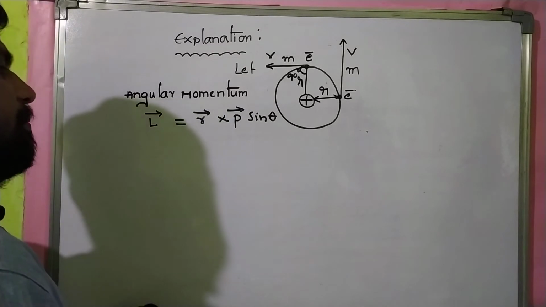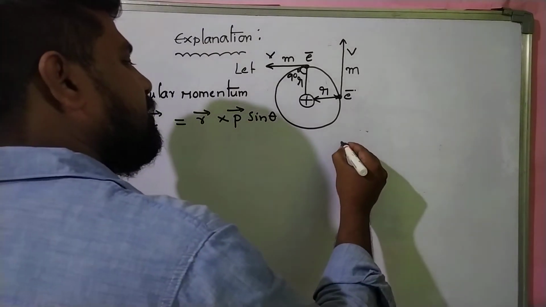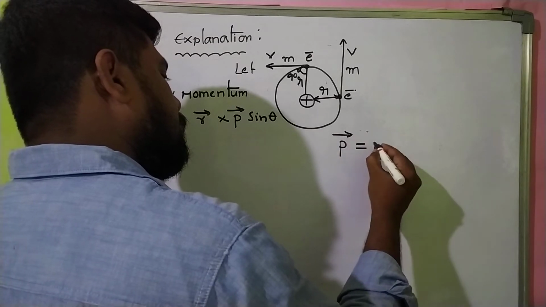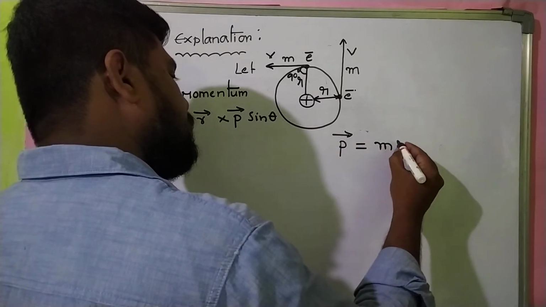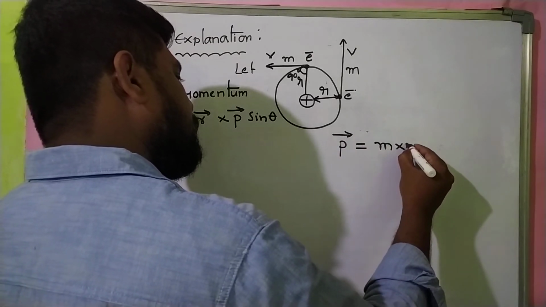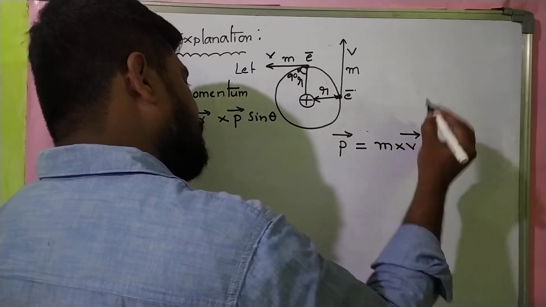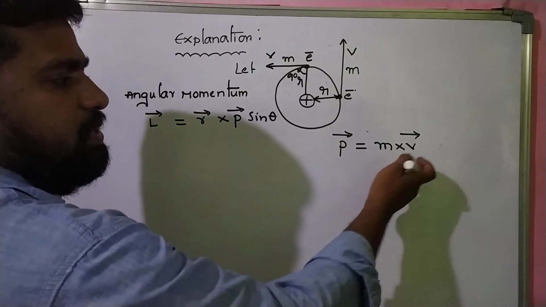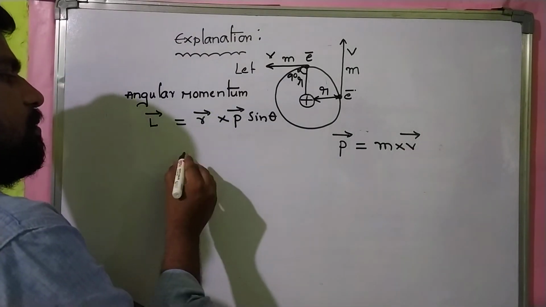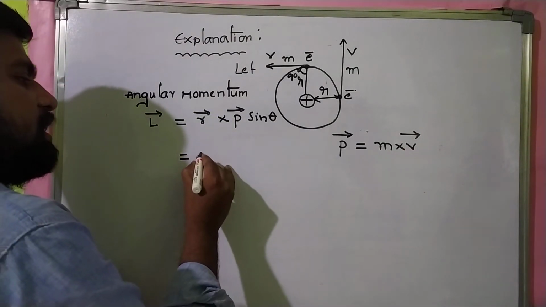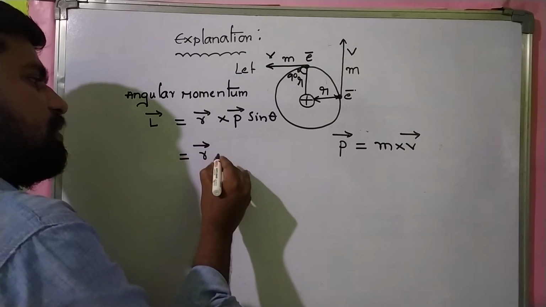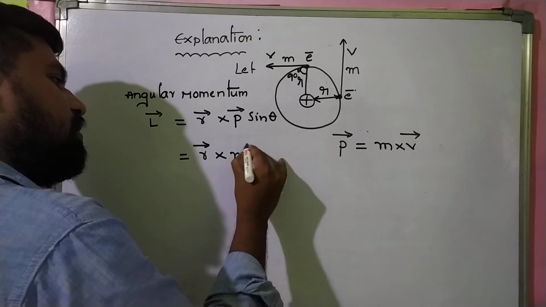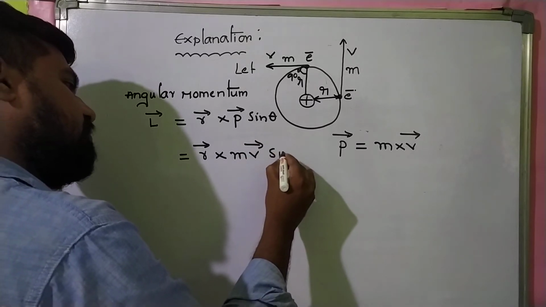But we know that the momentum P bar equal to mass into velocity, P bar equal to mv bar. Now the equation becomes R bar into m into v bar sin theta.